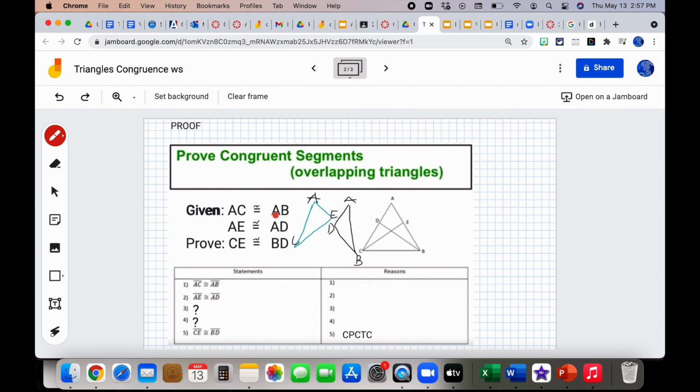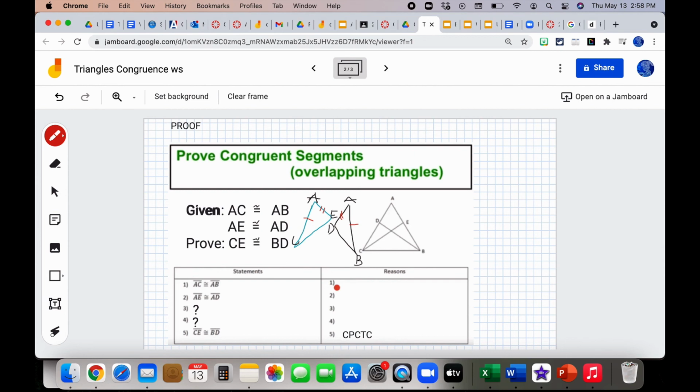AC congruent to AB, I will go ahead and use one tick mark for. AE is congruent to AD, use two tick marks. AD is over here. So these are the two given, and we can go ahead and list them on the statement.